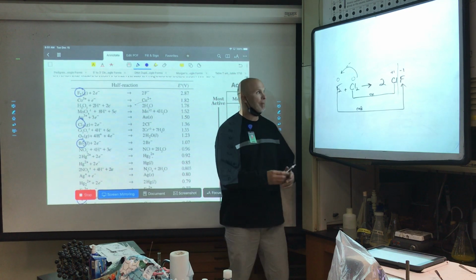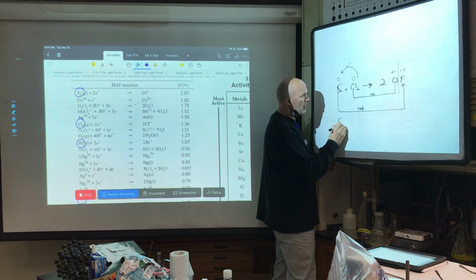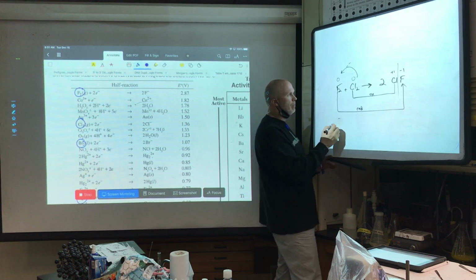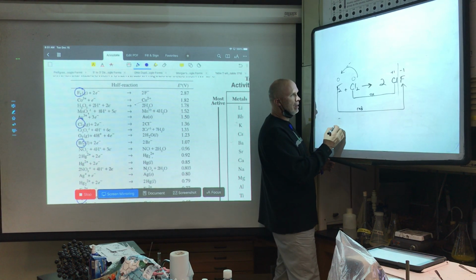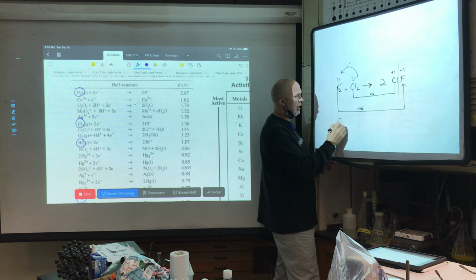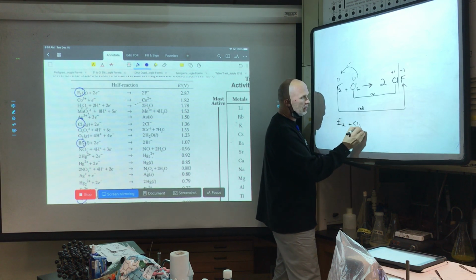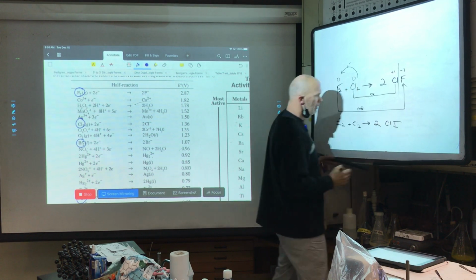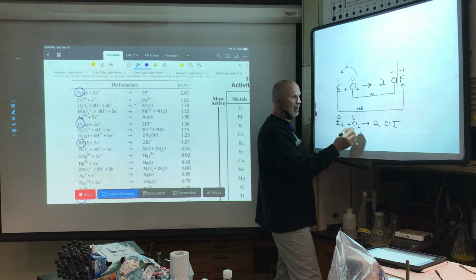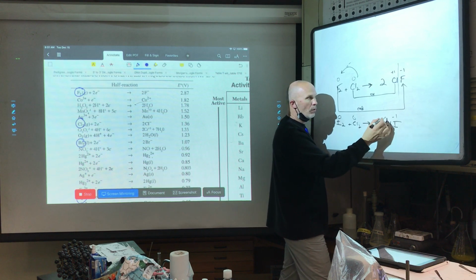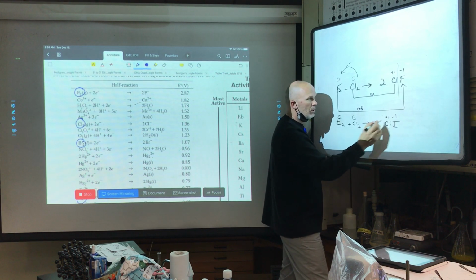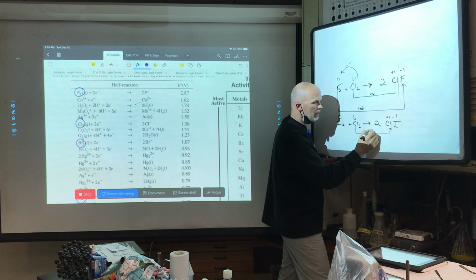Okay, and if I wrote the opposite, F2, I can't do with F because F only becomes negative. So if I do I2 plus Cl2 makes 2 ClI. Hey, I is 0, 0, but I here is negative 1. Chlorine is 0, plus 1, sorry. So this guy got oxidized.